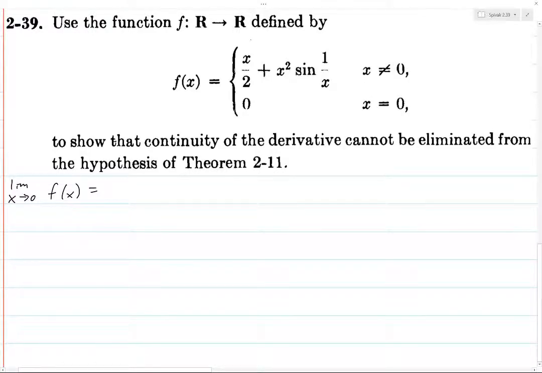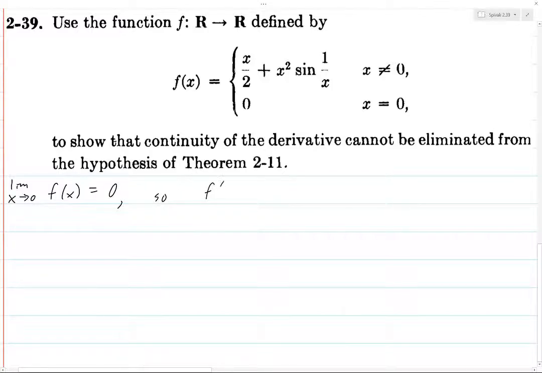Then if we look at x squared sine of 1 over x, I talked about this in an exercise from the previous section, but you can use the squeeze theorem to prove that sine of 1 over x is going to oscillate back and forth between -1 and 1 as x approaches 0, but x squared is going to approach 0 at a faster rate. And so by the squeeze theorem, you can prove that the limit as x goes to 0 of x squared sine of 1 over x is 0. And so the limit of this function is 0.